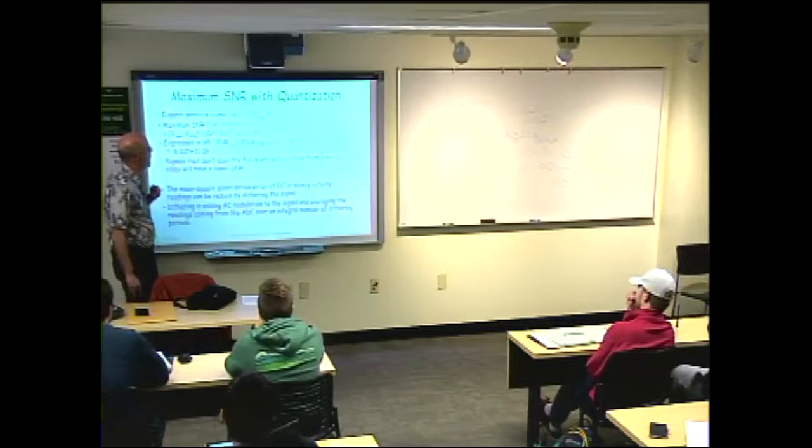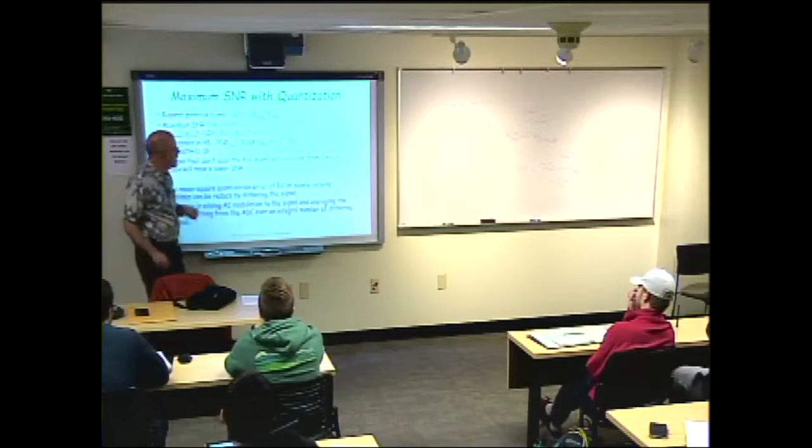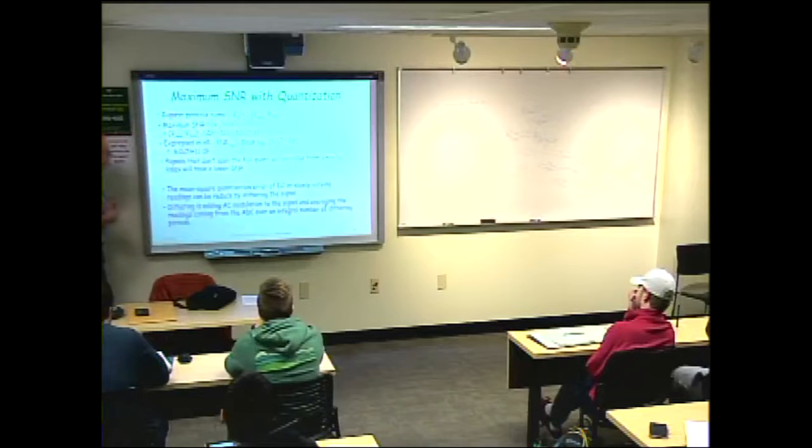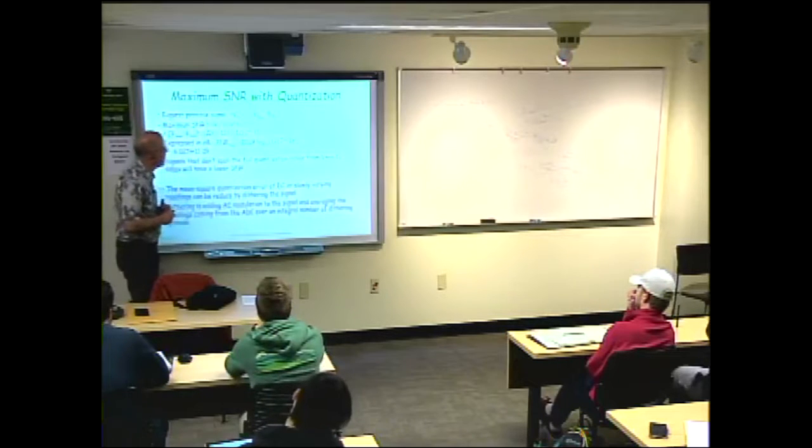So I need to go check my numbers, but basically what this comes down to, I think this answer may still be correct, is that the maximum signal-to-noise ratio is equal to 12 times 2 to the n minus 1 for the number of bits you have.